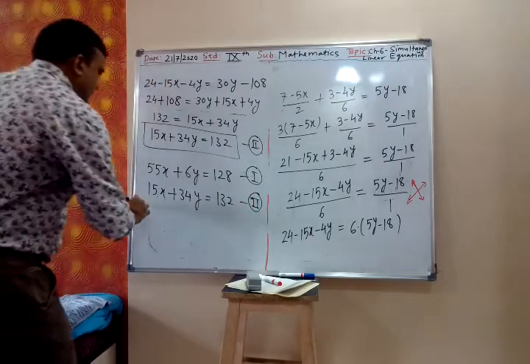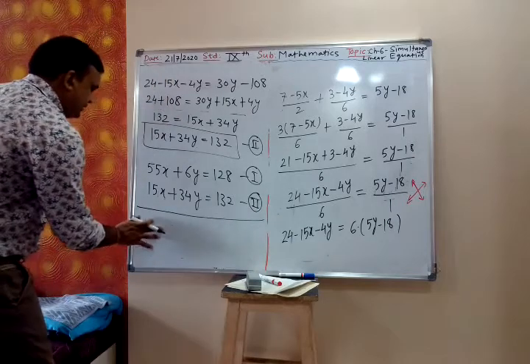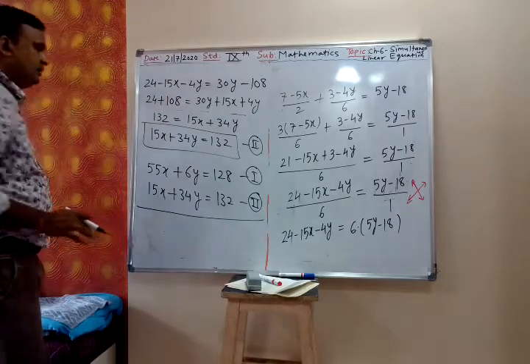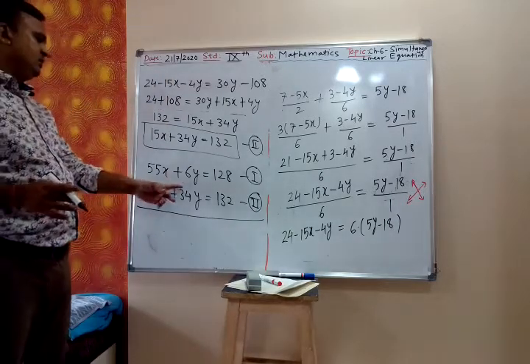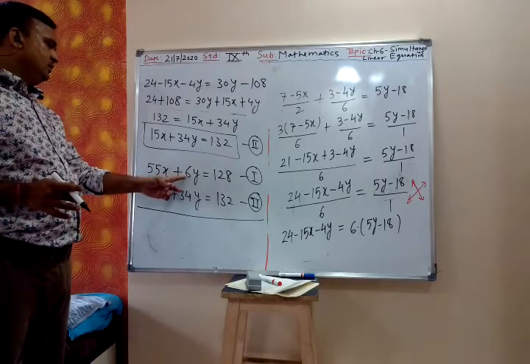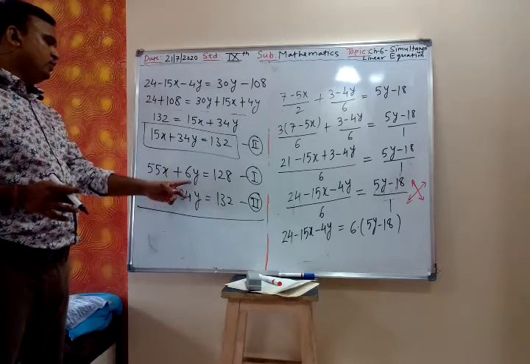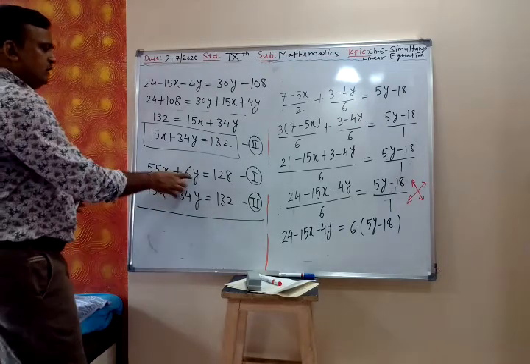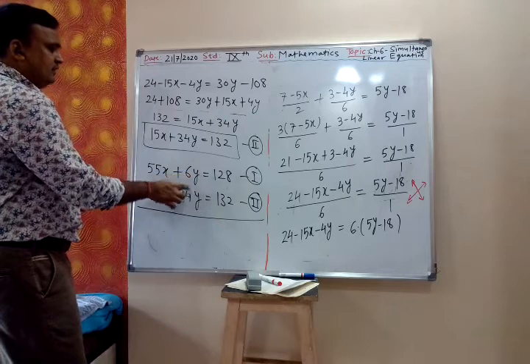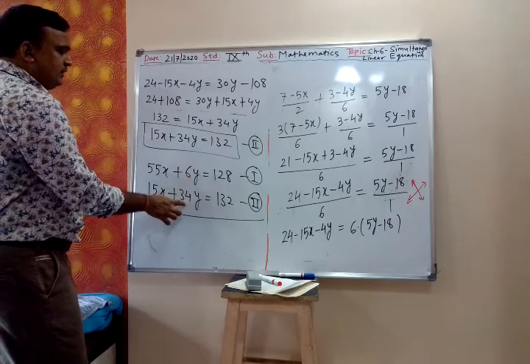Now you have to solve equations 1 and 2 by the equating coefficient method. Now let us cancel this y. What is the coefficient of y there? The coefficient of y is 6. The coefficient of y is 34.